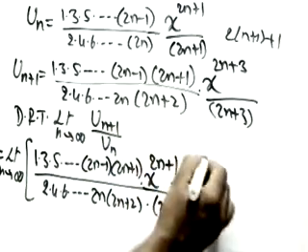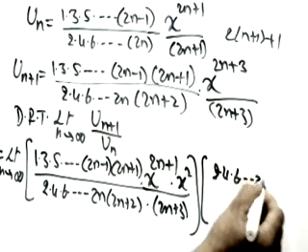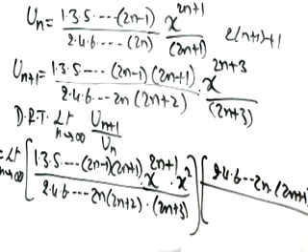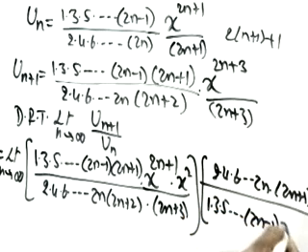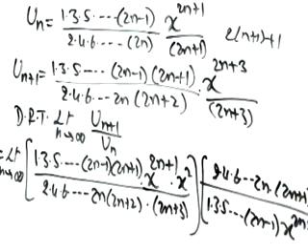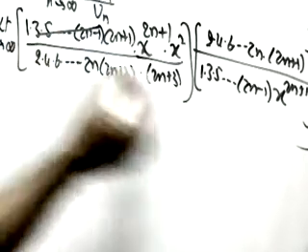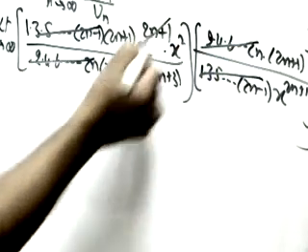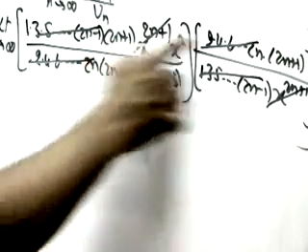Now in the denominator we have un. So what will be un? See here, the reciprocal of this: 2, 4, 6 and so on, 2n, into 2n plus 1, divided by, in the denominator, 1, 3, 5 and so on, 2n minus 1, x power 2n plus 1. Now let me cancel the terms. Up to 2n minus 1 cancels, up to 2n cancels, x power 2n plus 1 gets cancelled.